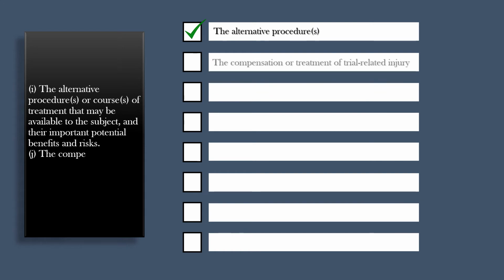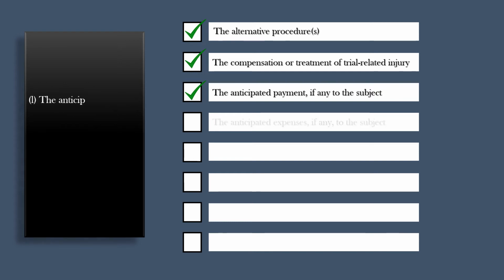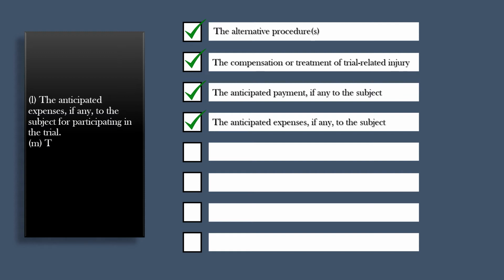The compensation and/or treatment available to the subject in the event of trial-related injury. The anticipated prorated payment, if any, to the subject for participating in the trial. The anticipated expenses, if any, to the subject for participating in the trial.